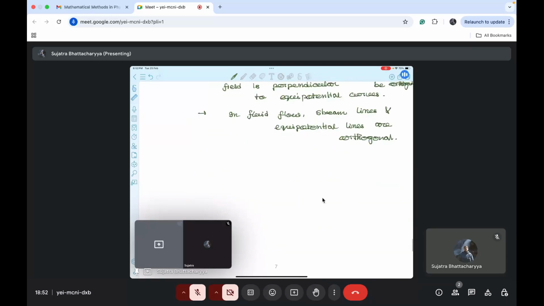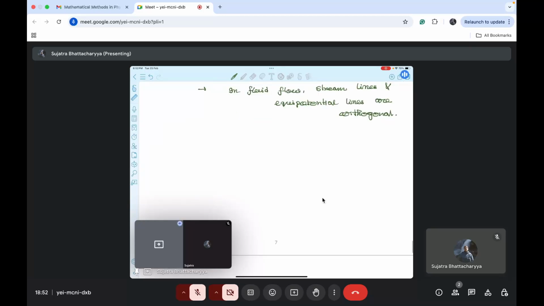So one example I wanted to give of orthogonal trajectories is, suppose you have a differential equation x dy/dx is equal to y plus 1. The first thing is to solve the differential equation, which is simple. It can be solved by variable separable.